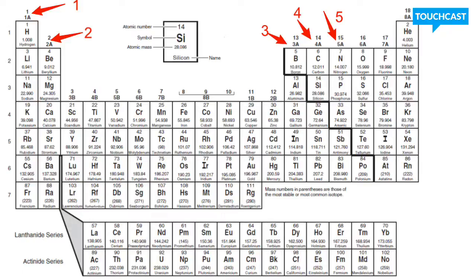Everything in group 2 has 2. Everything in group 3, boron, aluminum, gallium, all of those have 3 valence electrons. Same thing for group 14. Carbon has 4 valence electrons, silicon, germanium, tin, all of those have 4 valence electrons. And so forth. This pattern holds true for all the elements with one exception, and that is going to be helium.